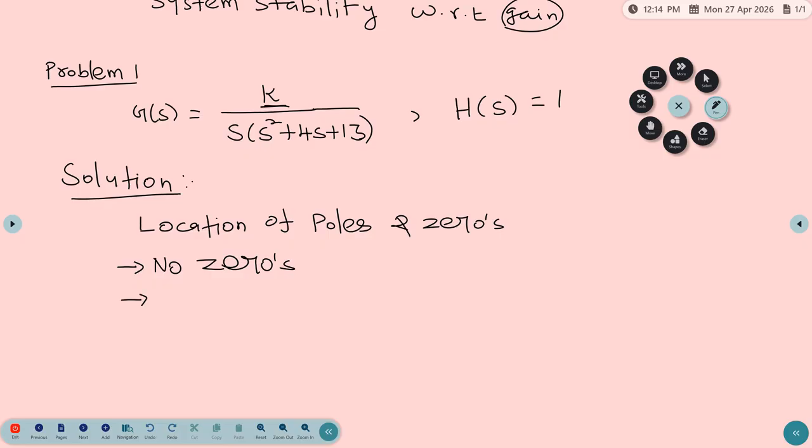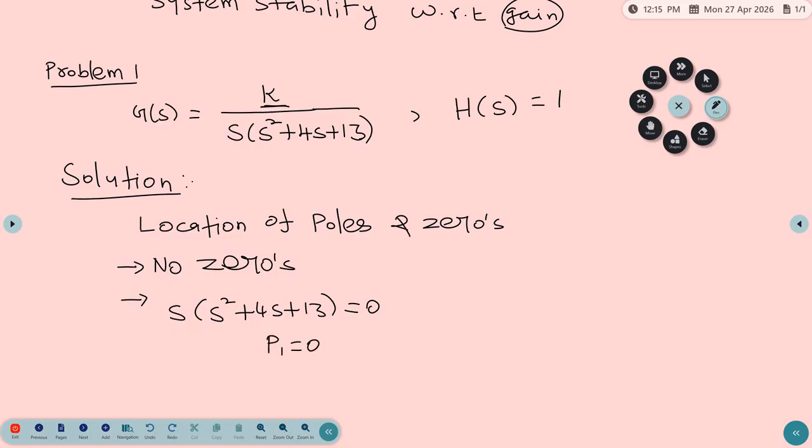Then we need to identify the poles. Poles means roots of s in the denominator. In the denominator, we have the expression s into (s square plus 4s plus 13), which we need to assume equal to 0. The roots of this particular equation are called poles. First root is s equal to 0, so we can write p1 equal to 0.